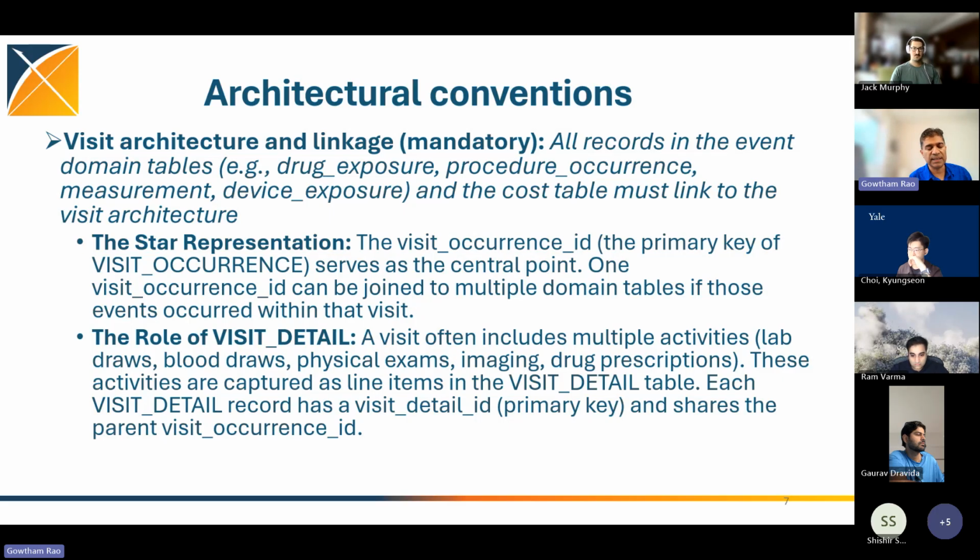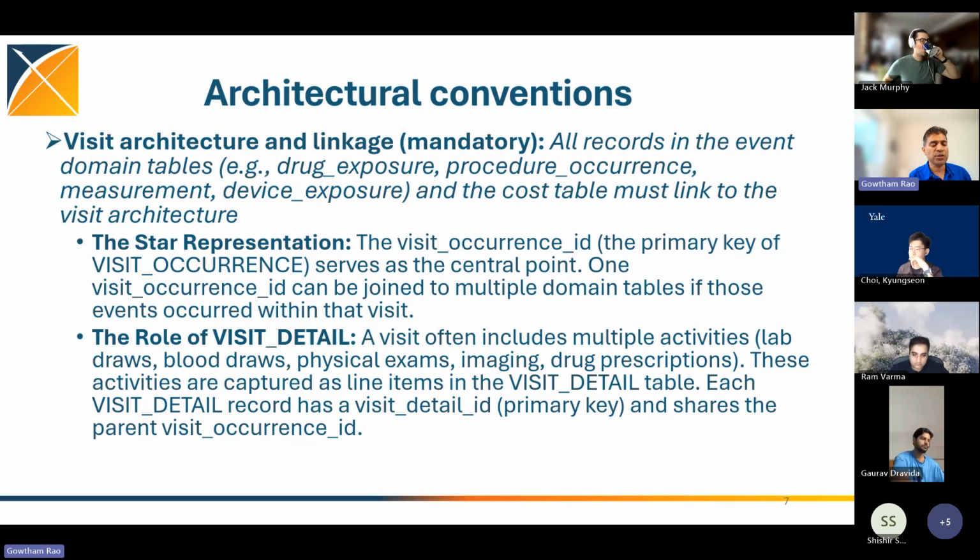The primary key is a visit detail ID, but it has a foreign key of visit occurrence ID. So visit detail ID can go to the visit occurrence ID because of that structure. And the cost table has a foreign key, which is called the cost event ID, and it has a cost event concept ID.